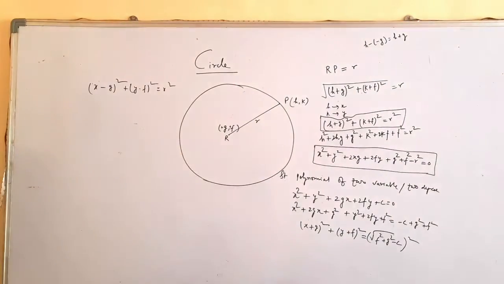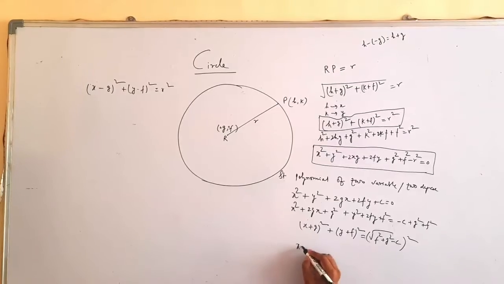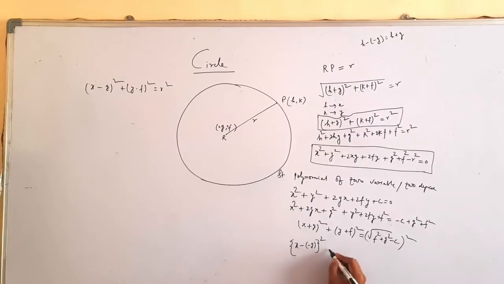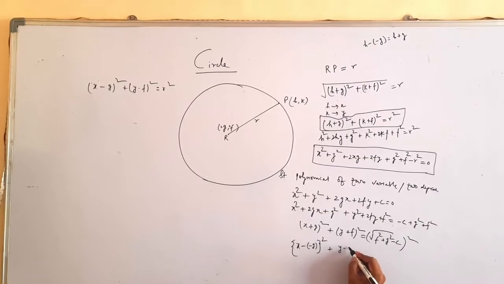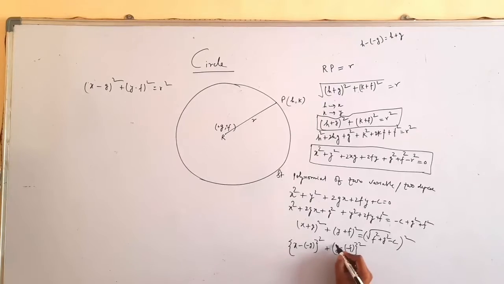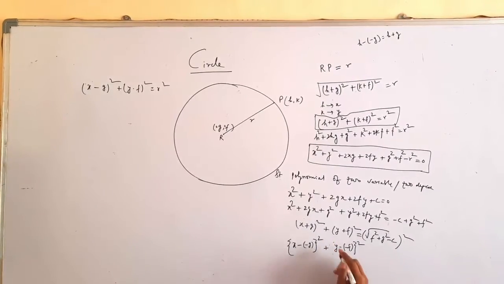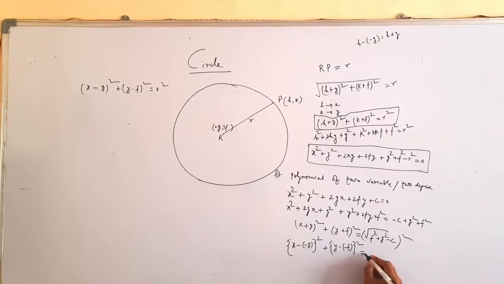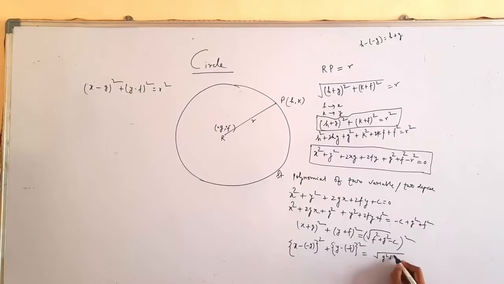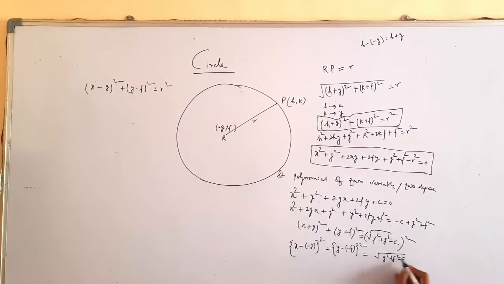So what you see is that I'll have (x minus g) whole square plus (y minus f) whole square, and this will be under root g square plus f square minus c.